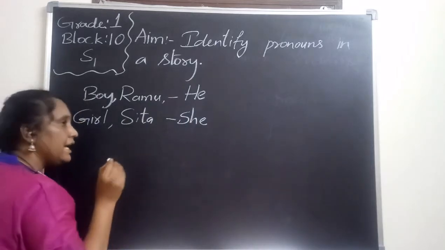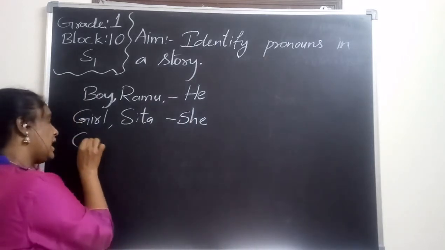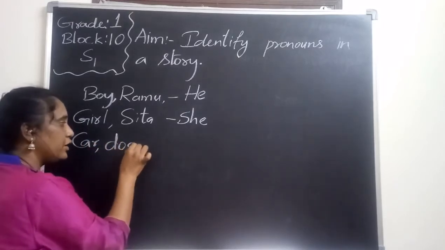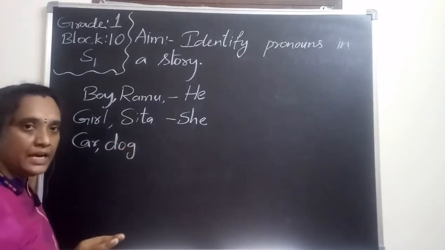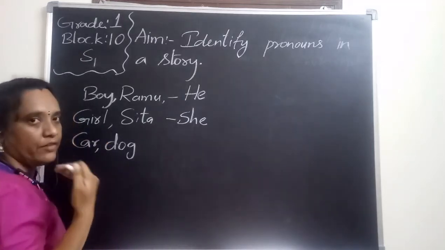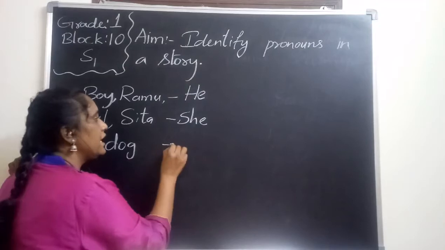Now, if we take anything like a car, an animal, a single animal like a dog, or anything, whatever it might be, for a single animal or a single thing, we say it.